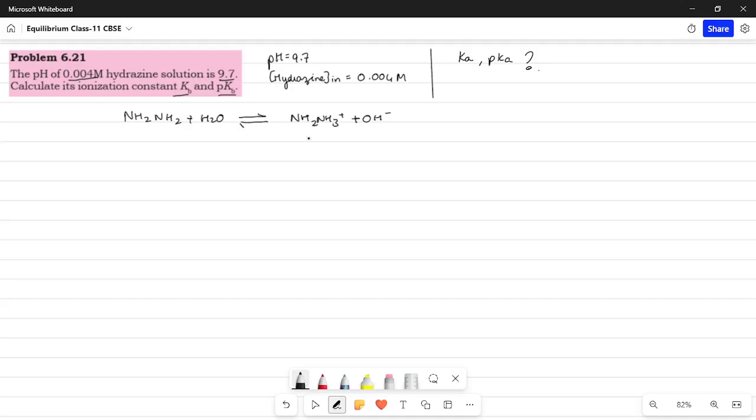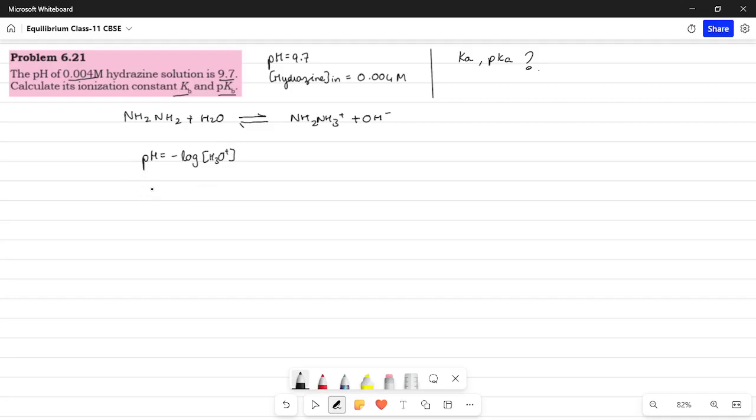So first of all, we have been given the value of pH. So from the value of pH, we are able to calculate the concentration of H3O plus. So pH is equal to minus log concentration of H3O plus. And I know I use H plus and H3O plus interchangeably.